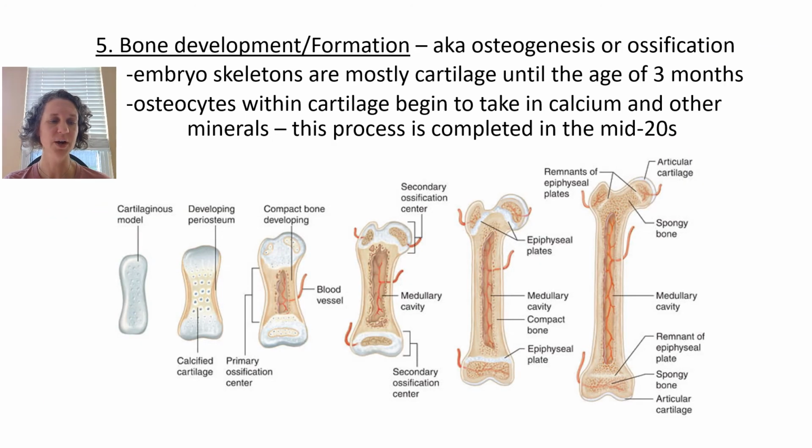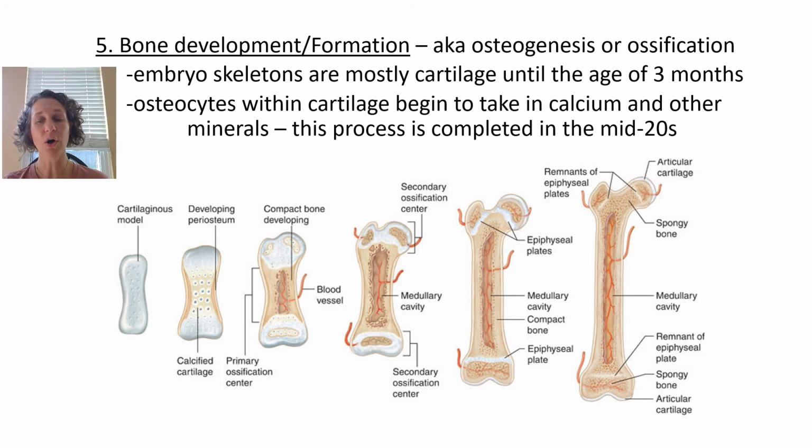Okay, so now the development of the bone. This is sometimes fancily called osteogenesis or ossification. Embryo skeleton. Before birth, a baby is mostly cartilage until about the age of 3 months after conception. So the baby's still in the mother's womb, and the cartilage starts to turn to bone.